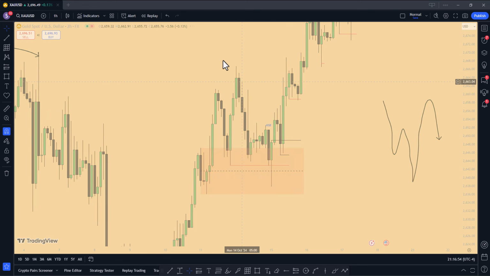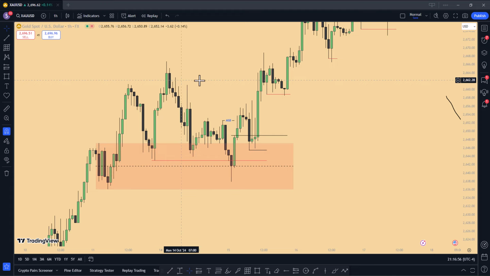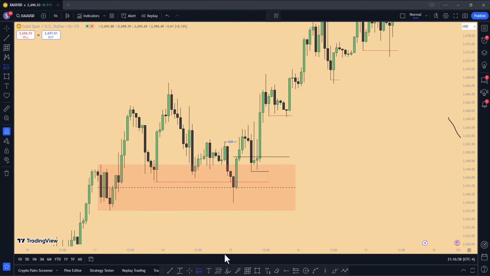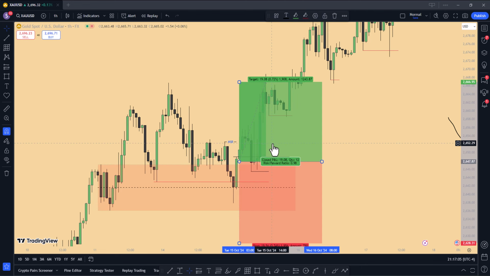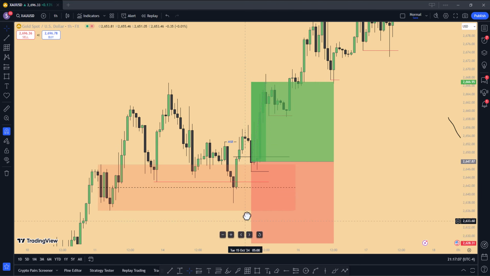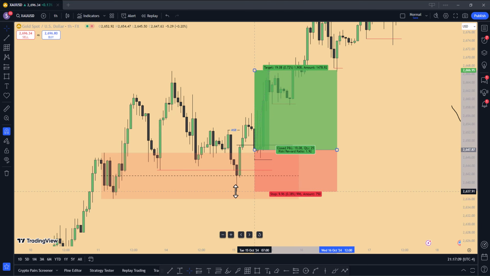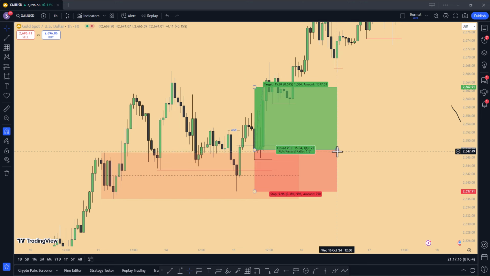I believe you can see it on the 1 hour. Yeah, this one right here. I took my trade on here, on this imbalance, right? I thought that price is gonna pull back to it. Stop loss here, and I was targeting this for exactly 1.5 R.